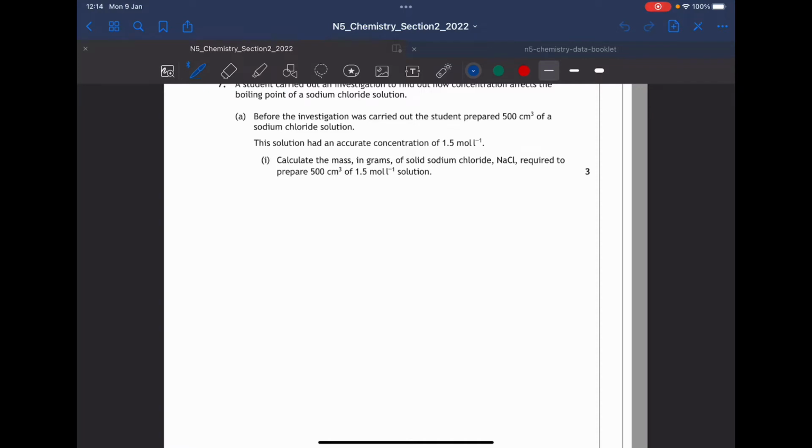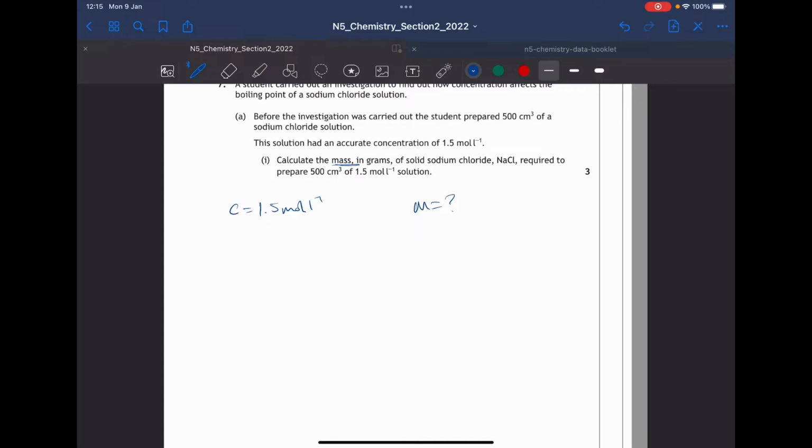calculation, the best thing to do is to look to see what numbers the question's given you. The question is telling us a concentration, so we know that a concentration would be the variable C. So we just pull that out of the question, and then it's telling you to calculate the mass. So mass is M, and because we're trying to calculate that, that's going to be our question mark.